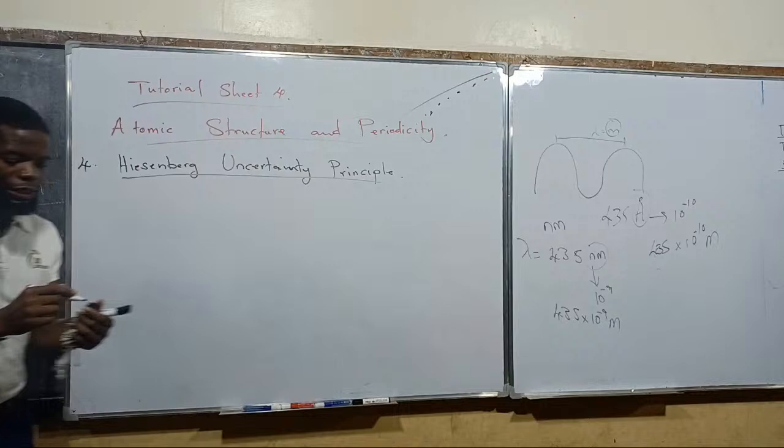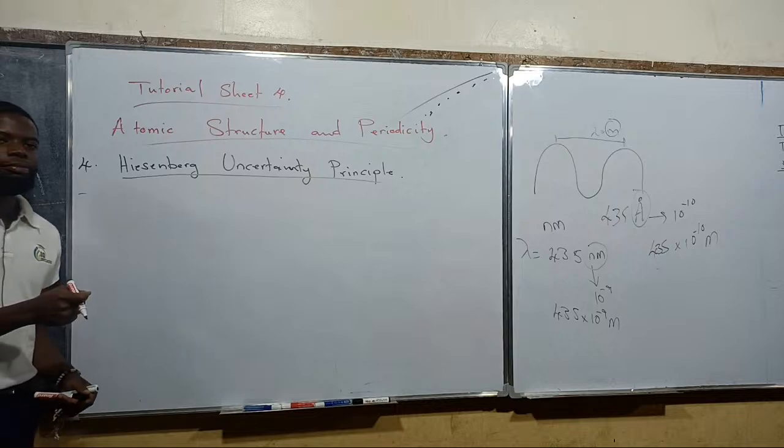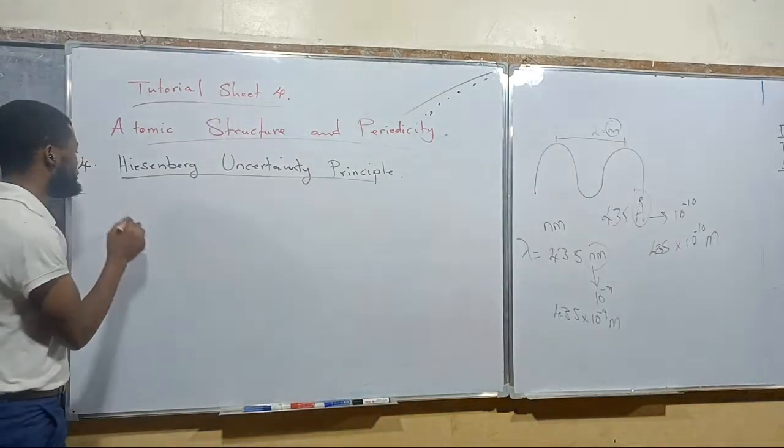This principle states that there is a fundamental limitation to just how precise we can determine both the momentum and the position of the particle.